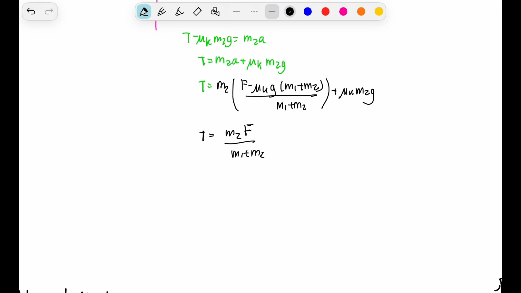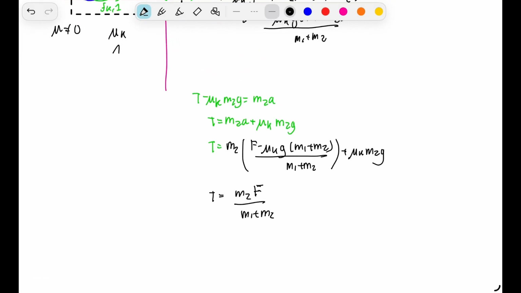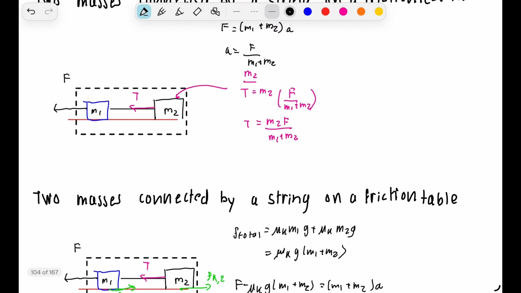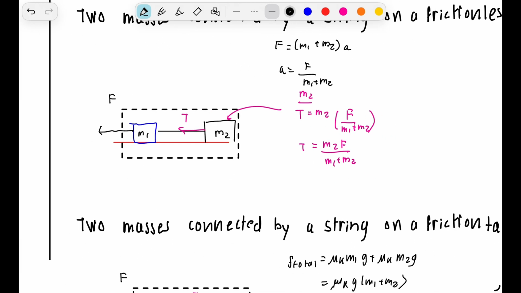Since they both have the same mu k, because they're on the same surface, our force of friction is going to cancel out in our equation for our tension. Now, our friction is going to slow down the whole entire system, but it's also resisting our trailing block. So the tension only needs to provide the block's share of the applied force that is pulling forward.